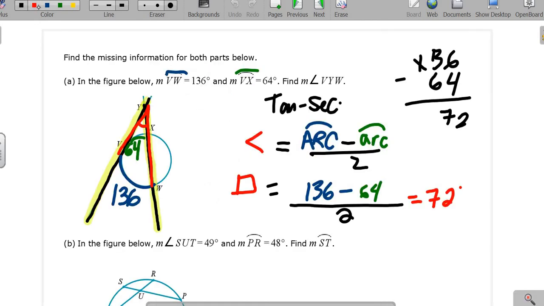And then we have to divide by 2. So we get right here 36 degrees.